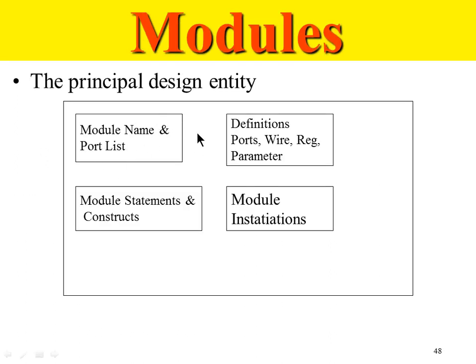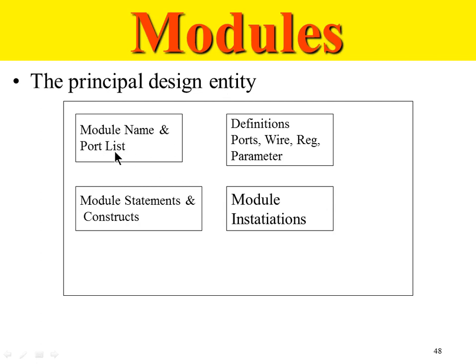Module is the main principal design entity in Verilog. Inside the module, you can have various other things. First, the module keyword, followed by the module name and the port list: the number of input ports, output ports, their names, whether it's input or output or bidirectional.